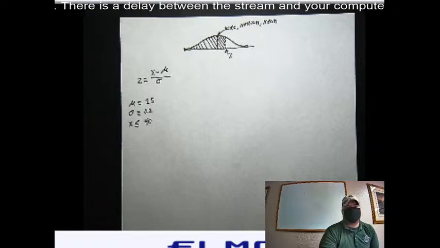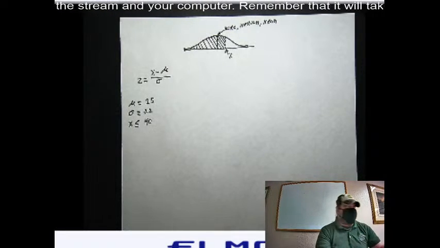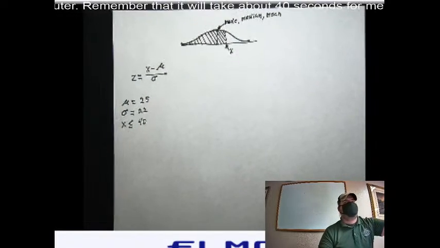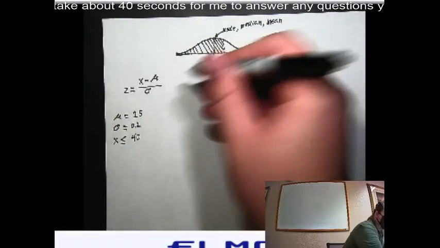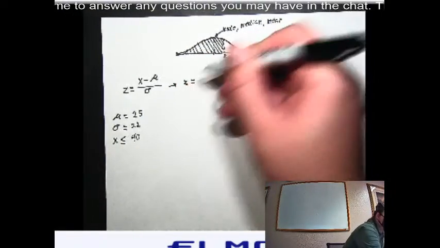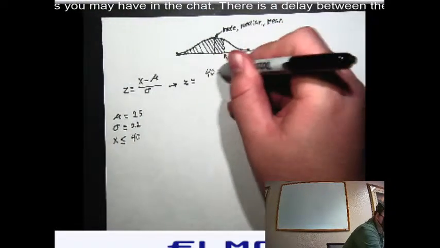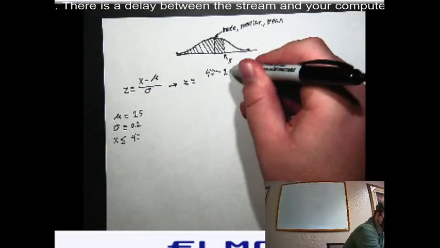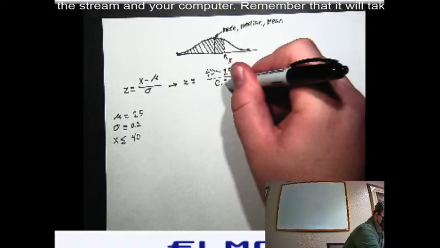Okay. So once we have this information, we can just go ahead and plug it into our formula. I'm going to zoom that in a little bit. So, plugging this in, we get z equals, let's see, x is 40, so 40 minus mu, which is 25, divided by sigma, which we said is 0.2.